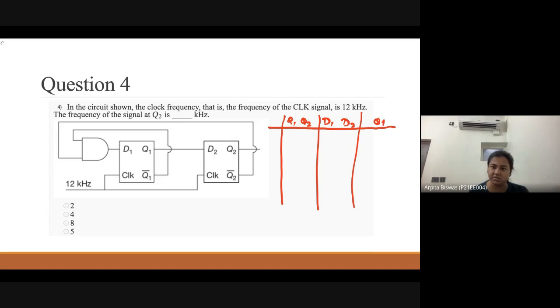And this is Q1 at the next level, and this is Q2 at the next level. Now at first, the clock, D1. Just take the input Q1 and Q2 as 0, 0. Then tell me what is the value of D1 and D2. If Q1 and Q2 are 0, what is the value of D1 and D2?